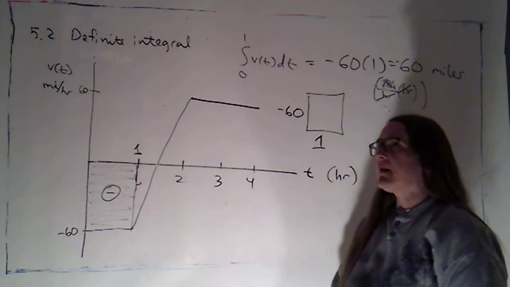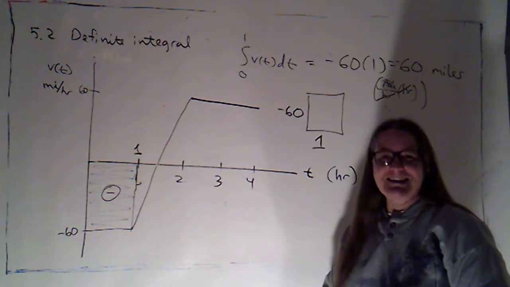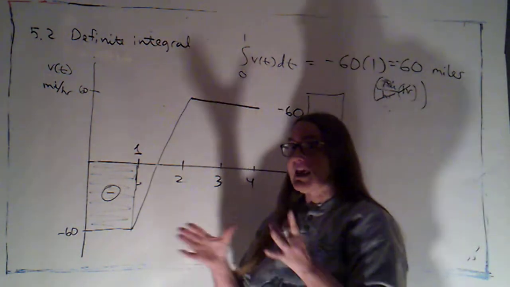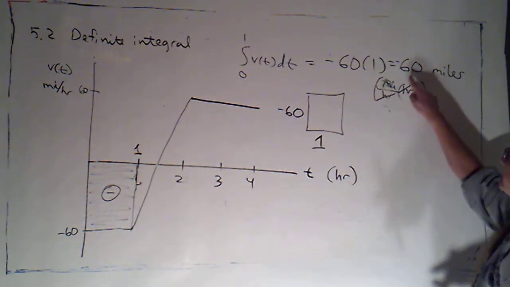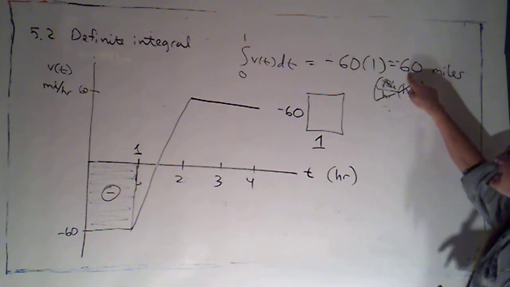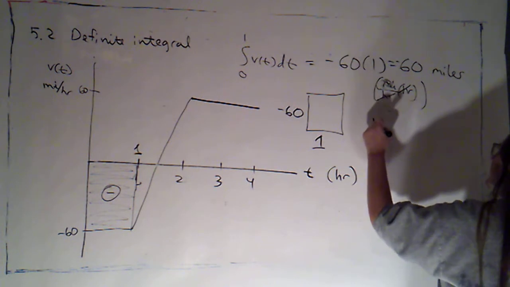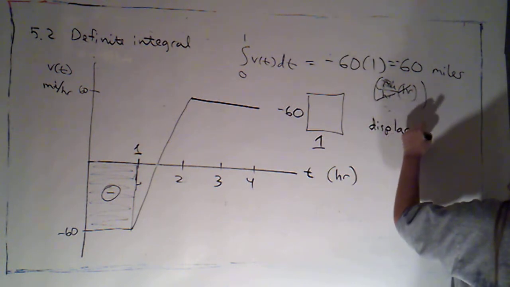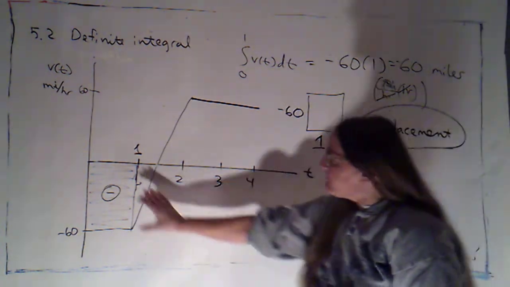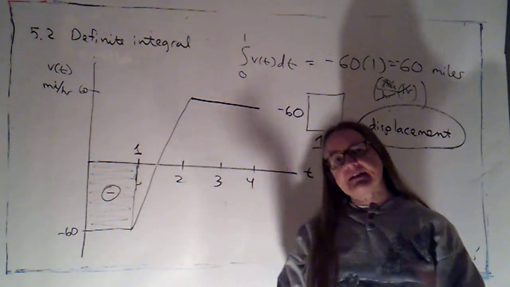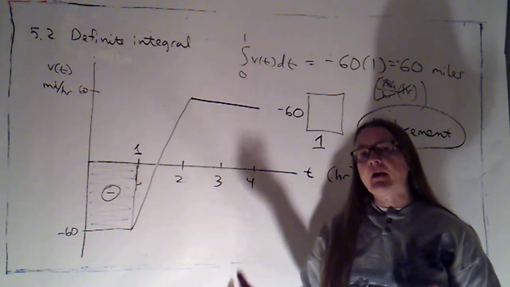And I warned you that we were insisting that our velocity be positive so that velocity was actually speed. Now I'm allowing velocity to be negative, so I can get a signed area. And what that represents is not the distance that I've traveled, but my displacement. So after 1 hour, I ended up 60 miles in the negative direction, we'll say south, from where I started.